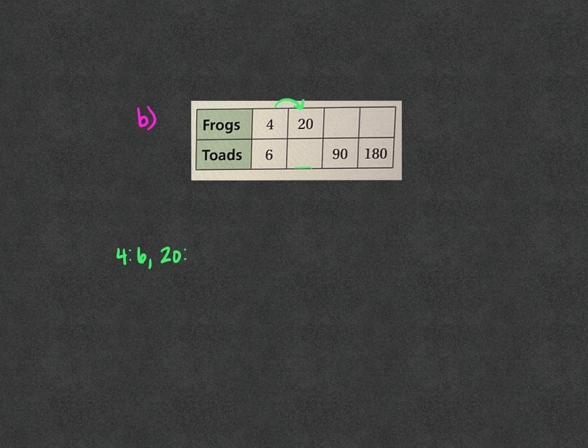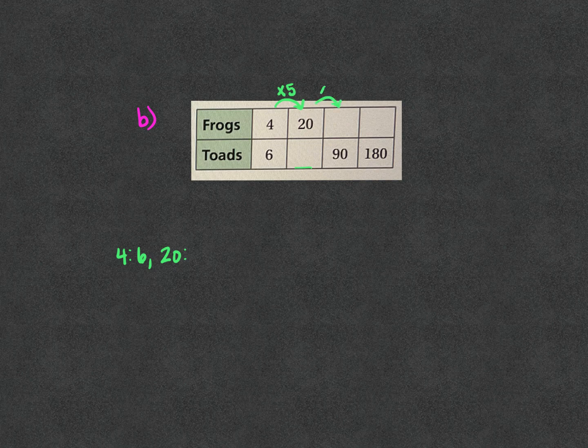Because I know that 4 goes to 20, I have to figure out how I got from 4 to 20. We're not going to do addition here. We're going to do multiplication because we have larger numbers. So for 4 to 20, I know if I multiply by 5, 4 times 5 equals 20. Remember, with multiplication, these can be different.